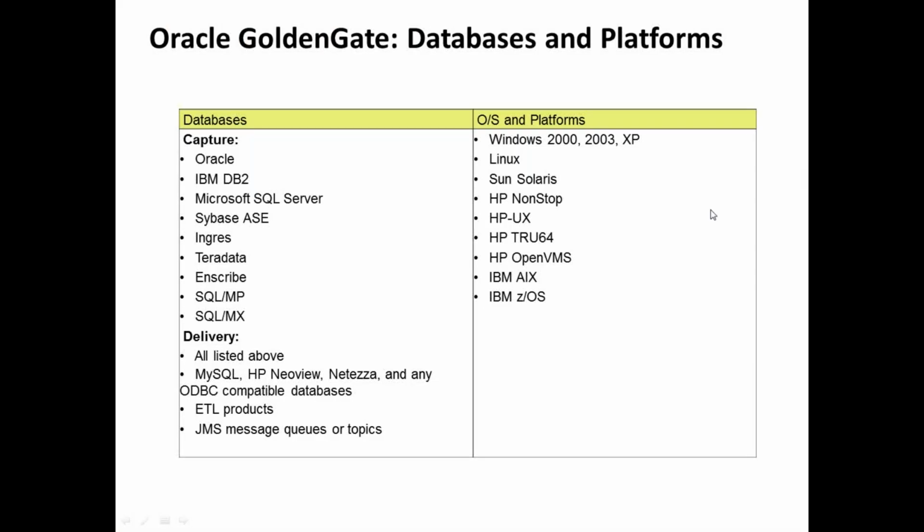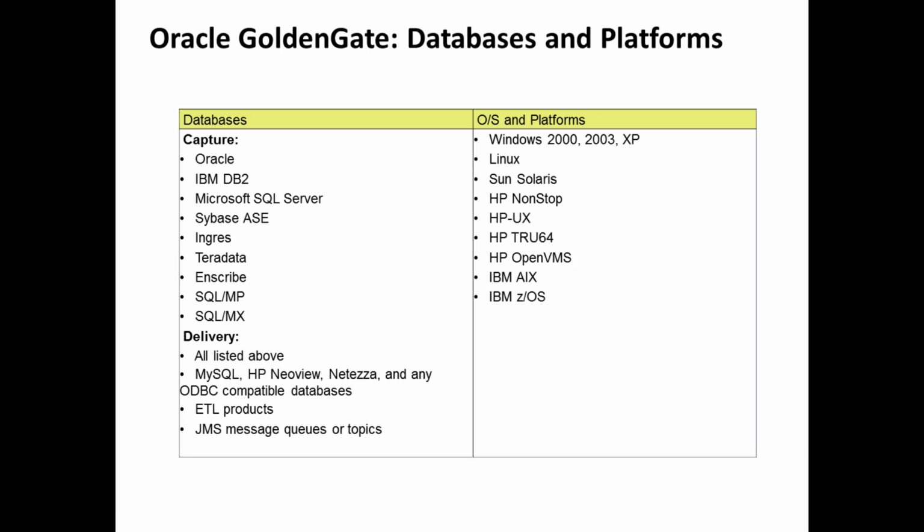Oracle Golden Gate supports a lot of databases and platforms. This list again lists only a few. It supports Oracle, DB2, SQL Server, Sybase, Ingres. This is the Enscribe database, for which Golden Gate was initially developed. Then it supports multiple platforms.